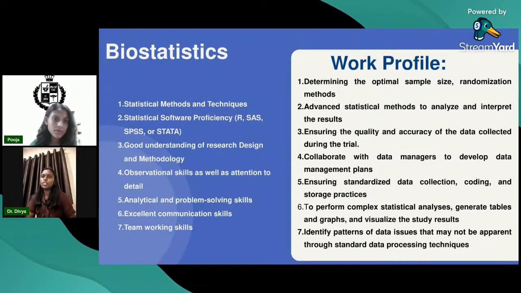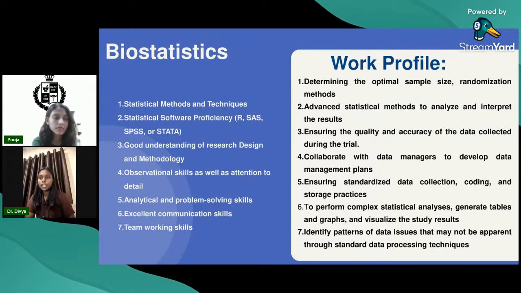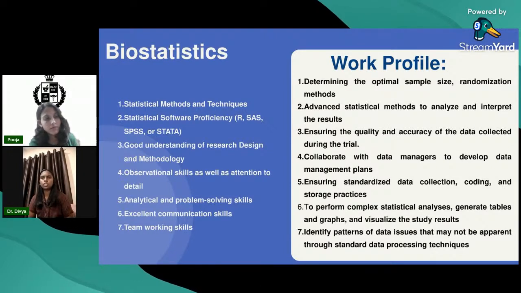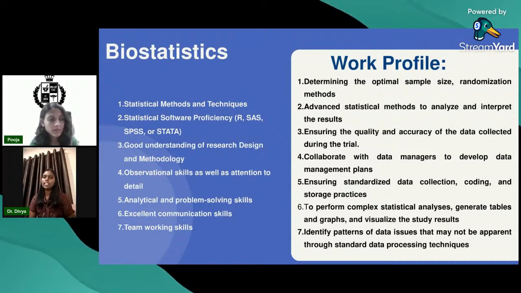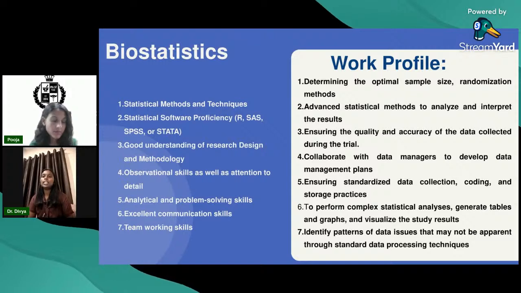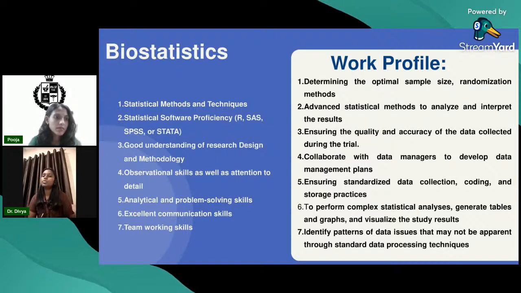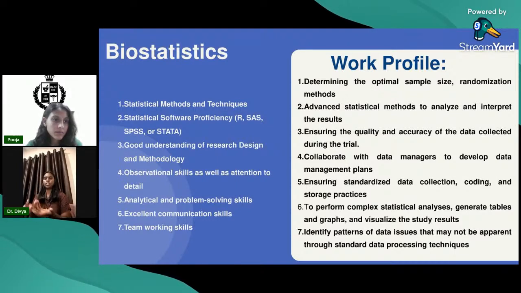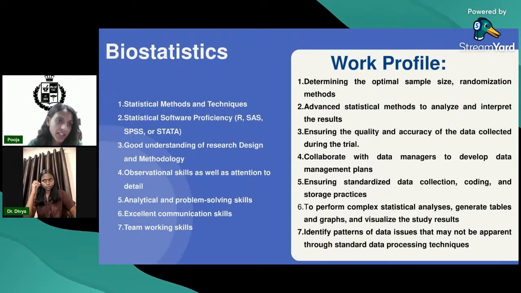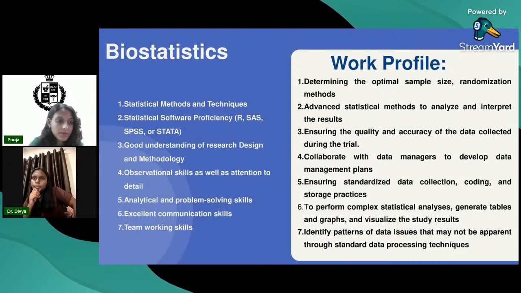Then in this field you will require observational skills, analytical and problem solving skills. This field also requires good communication skills, because you should be the one explaining how the data will be interpreted, and accordingly those who will be collecting the data should collect the data. So you should have good communication skills, and you also need good teamwork skills. Teamwork.